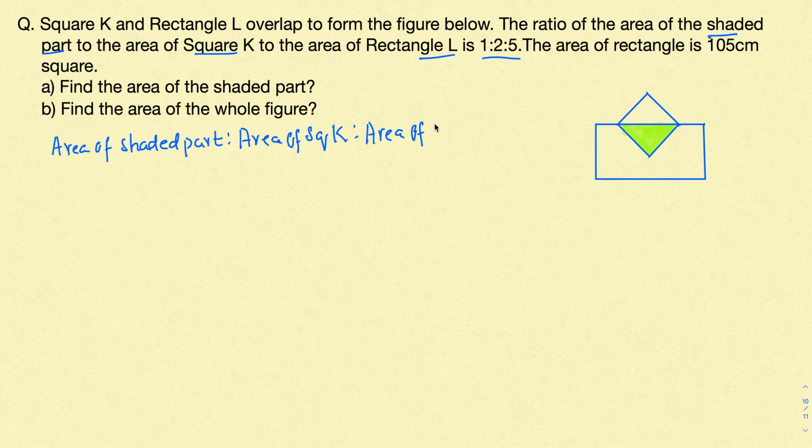For the area of rectangle, let's just write rec L. Okay, so what is their ratio? It's written 1:2:5. So let's write it.